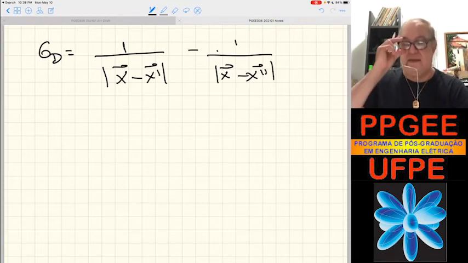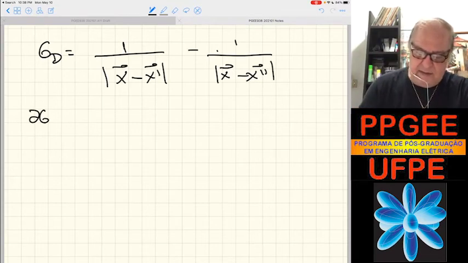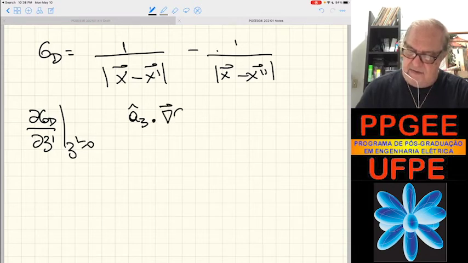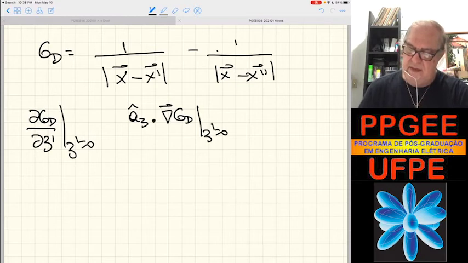What we want is dG_D/dz prime at z prime equals 0. That means a_z dot the gradient of G_D at z prime equals 0. So that's what we want.